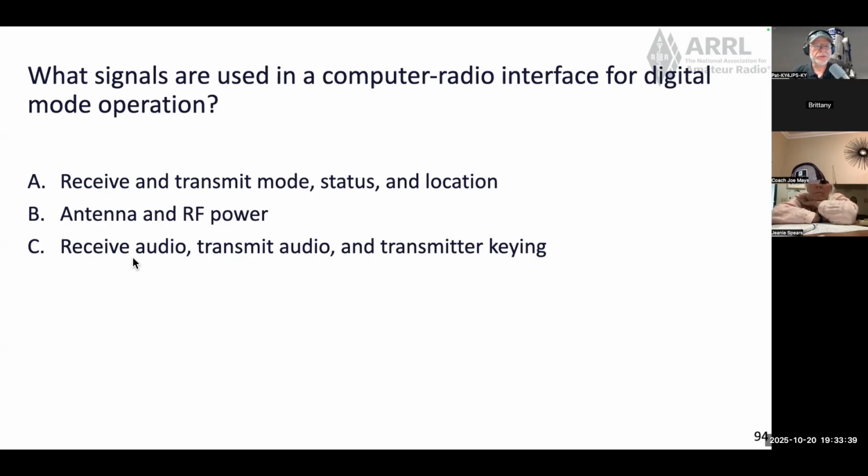Is it going to be receive audio and transmit audio and transmitter keying? So if I'm just talking on the radio, how do I send a signal out? I'm going to hear something coming in. I can transmit by talking in the radio, but in order to transmit, I have to press a button to key that up.